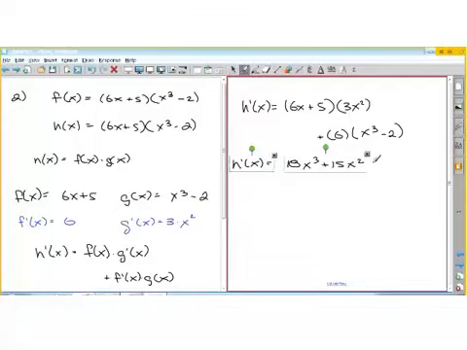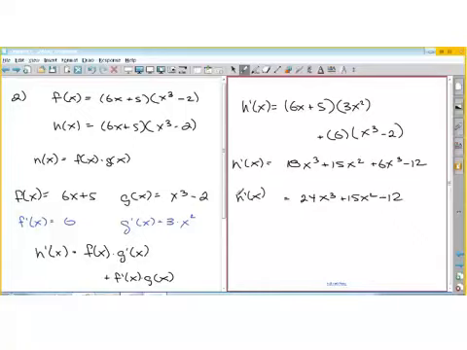And that's easy because it's just a constant times each term. And then we look for like terms and combine those. So we have x cubed and x cubed. So it gives us 24x cubed plus 15x squared minus 12, and that's the derivative.